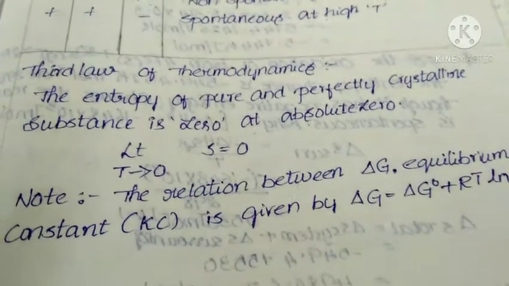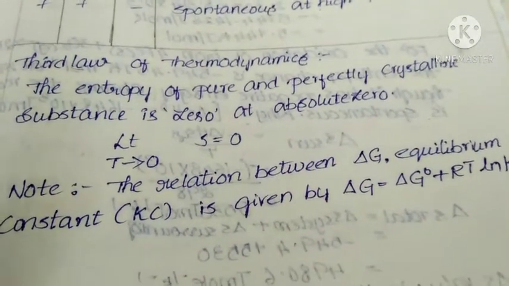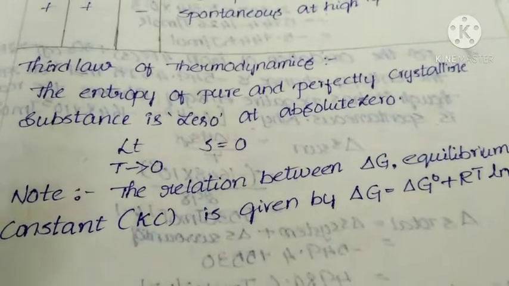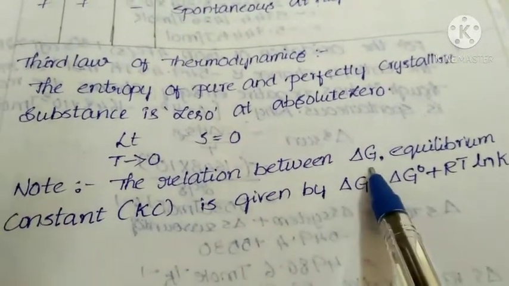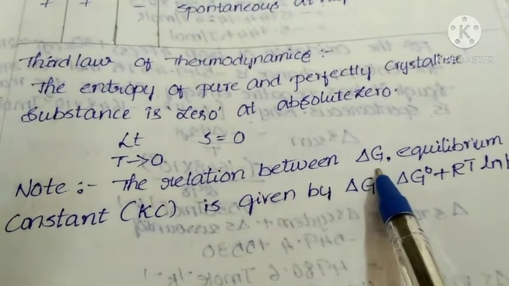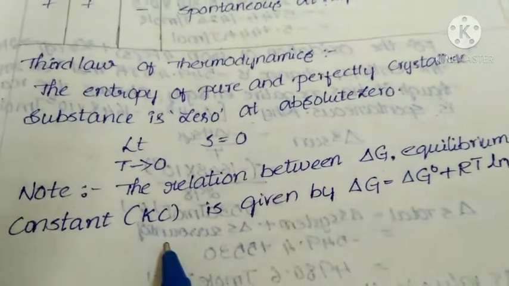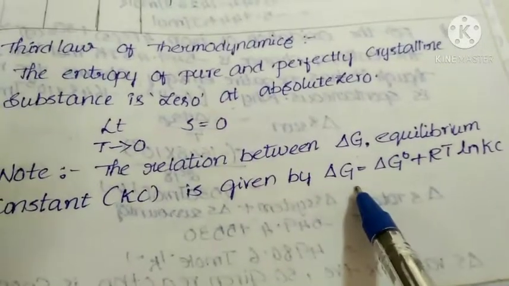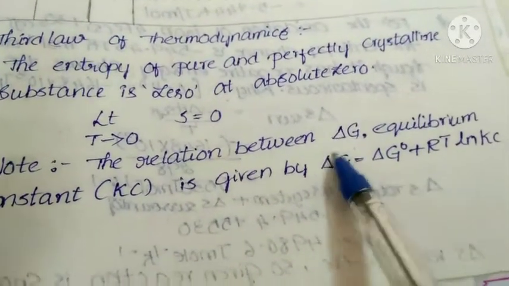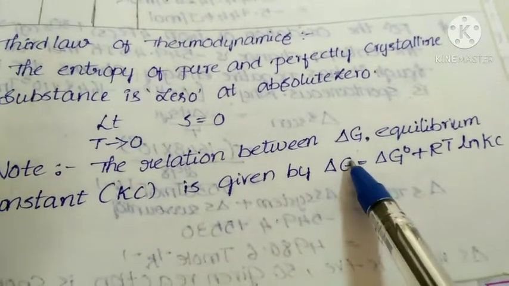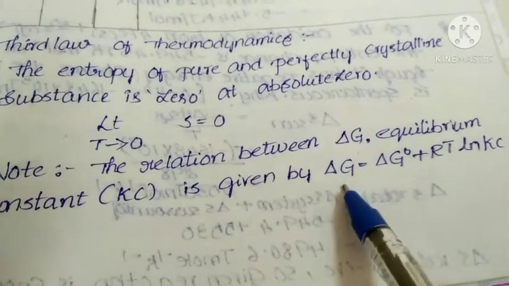Here some relations are there regarding numericals. That is the relation between delta G, the change in Gibbs energy, and the equilibrium constant Kc, given by delta G is equal to delta G naught plus RT ln Kc. Delta G means the change in Gibbs energy.